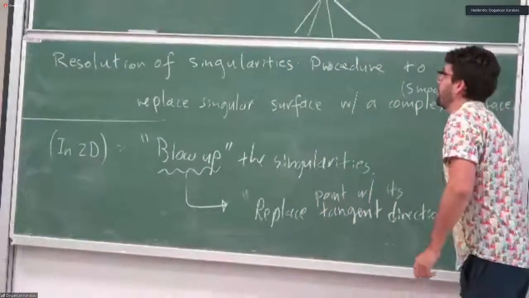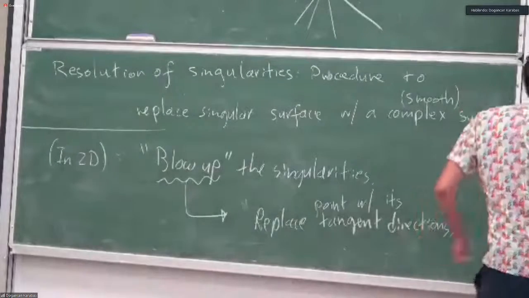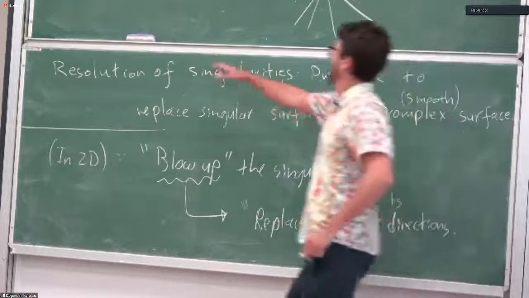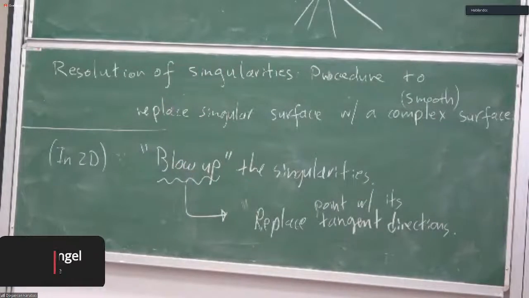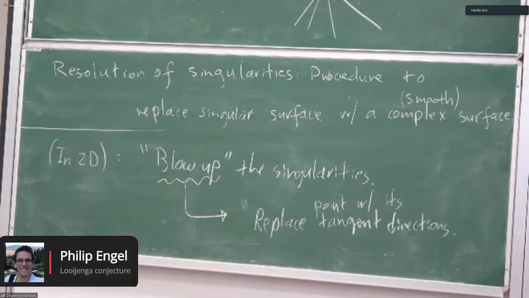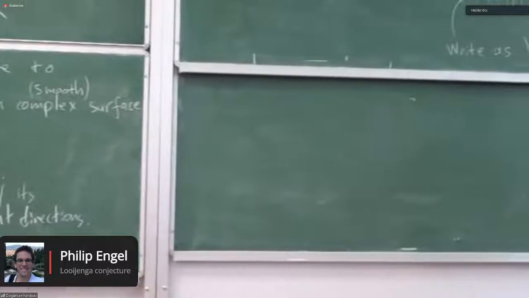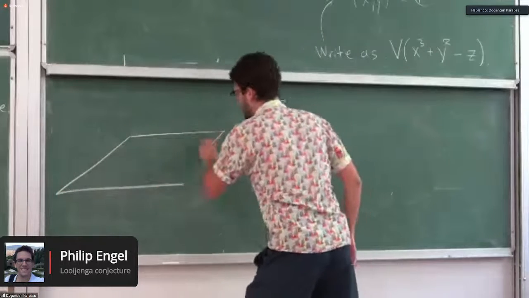Okay, so for a couple of simple examples of blowing up, the simplest example is if you have a complex surface that is already smooth.